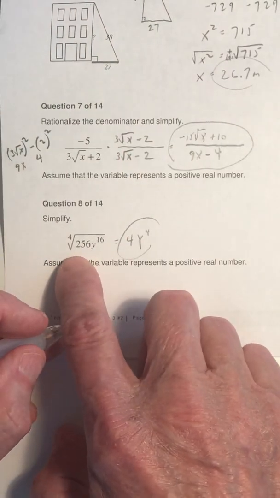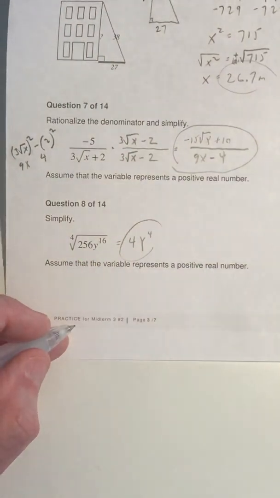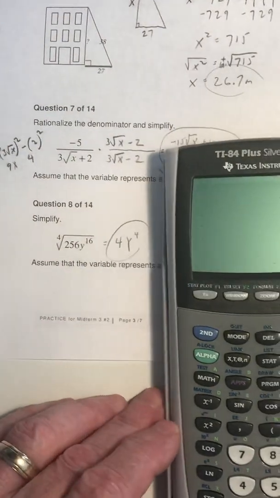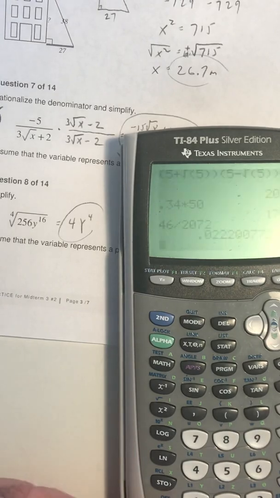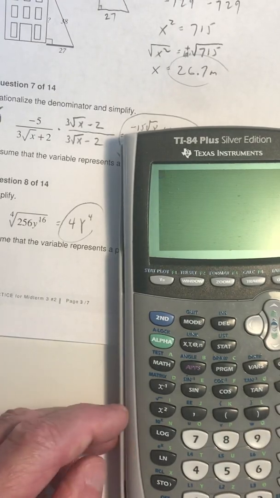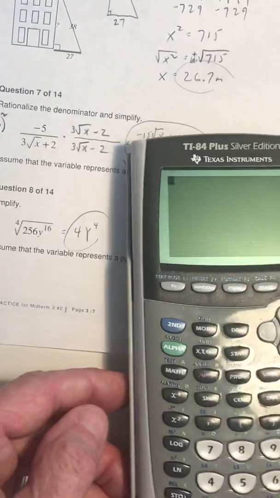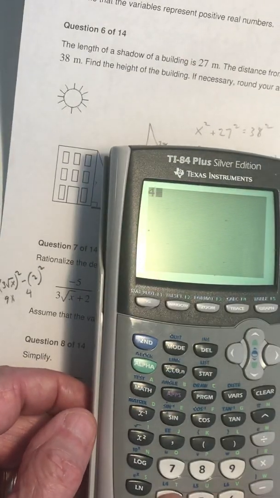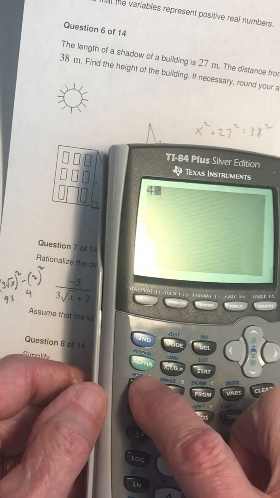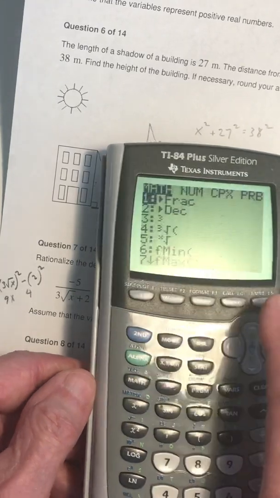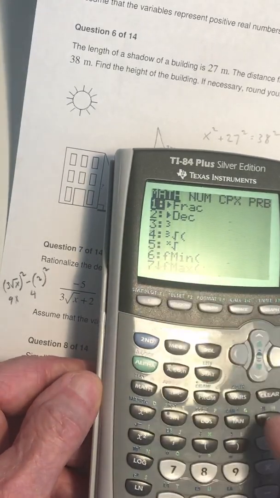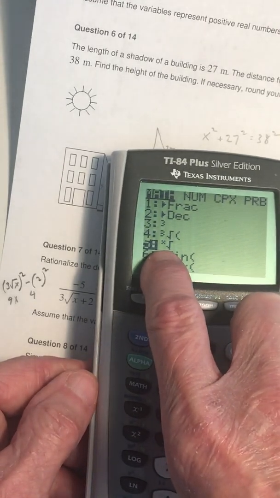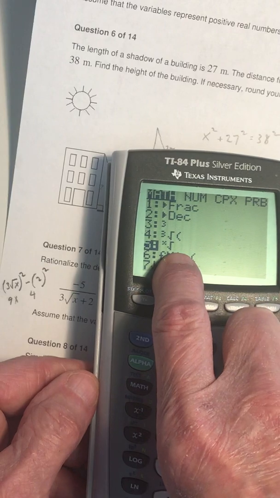Now, if you had an issue getting that 4th root of 256, let me remind you that on your calculator, if you want a 4th root of something, first type the index 4, then hit the math key, and then see choice number 5 there. That will take any root of whatever you enter after.